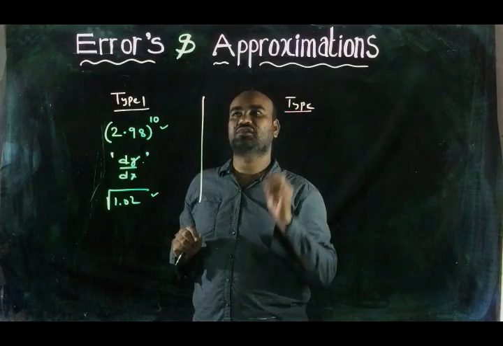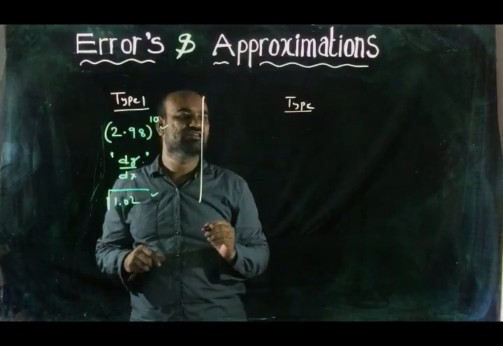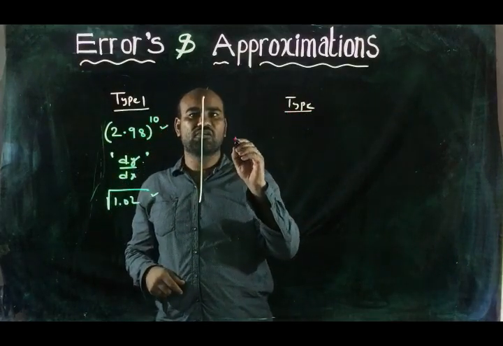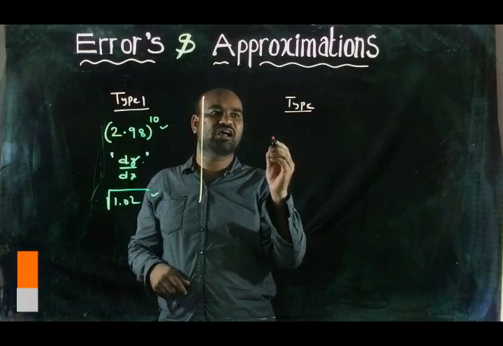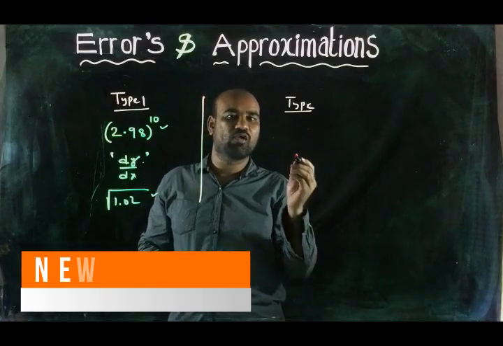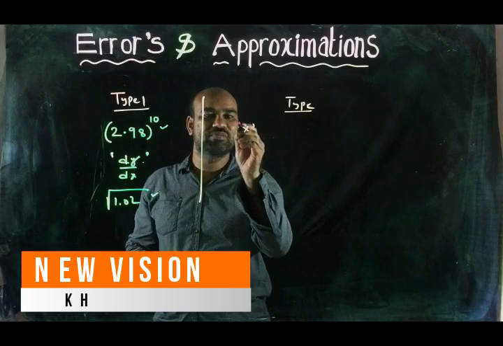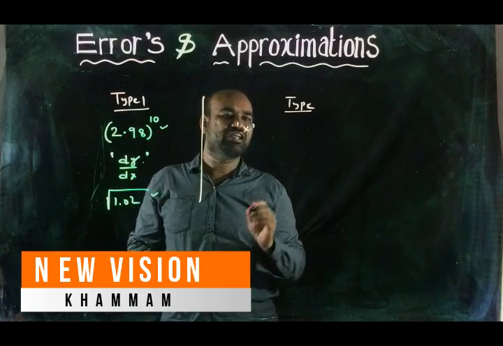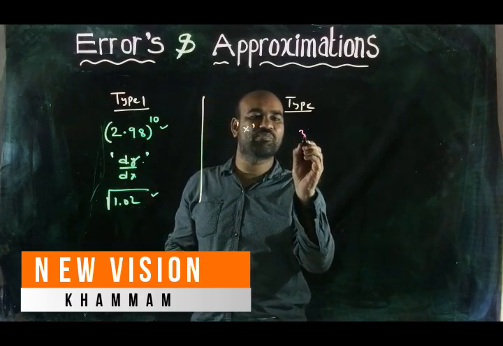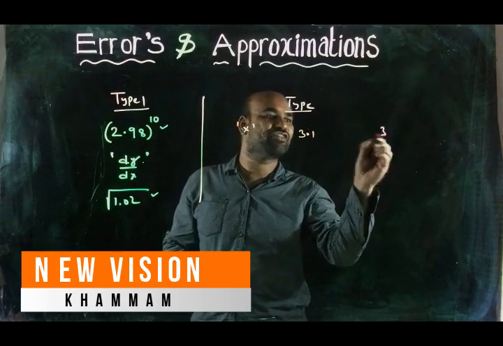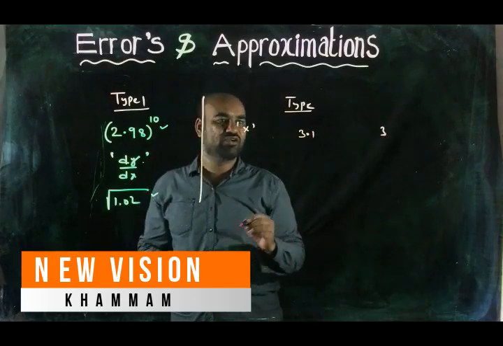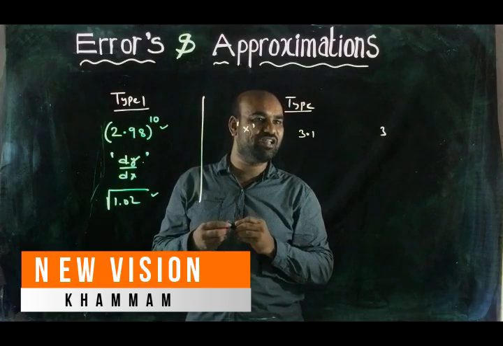Type 2, errors. Okay, so while finding the area of a circle, one student made a mistake and he took the radius as 3.1 instead of 3.